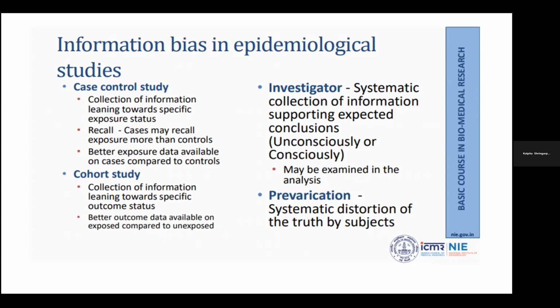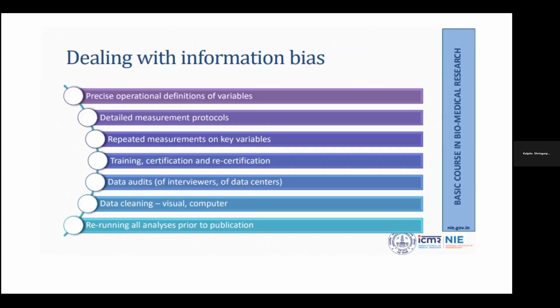Certain subjects may be distorting the information, and this is known as prevarication. Again, it can be an MCQ that can be asked. So these are the different stages wherein we deal with the information bias. I should have a very clear definition of what variables I am looking at. How will I measure those variables?